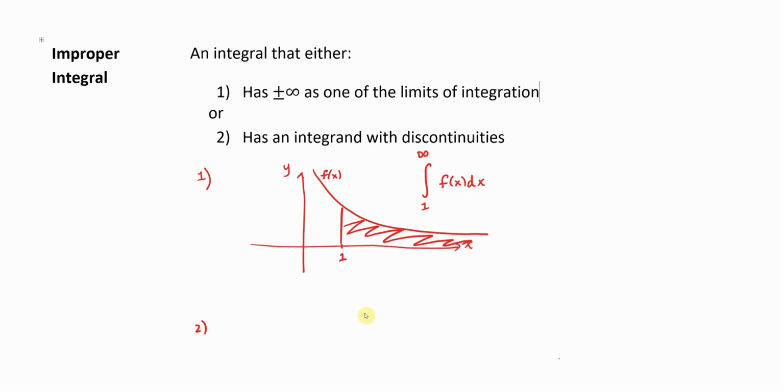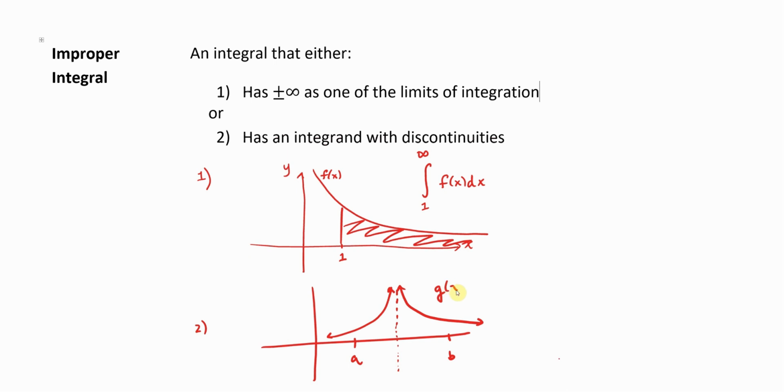Or another possibility would be that you have a graph and say there is a non-removable discontinuity, and say it has an asymptote that looks like this, a vertical asymptote this time. And we want to know the definite integral this time from a to b of this function.